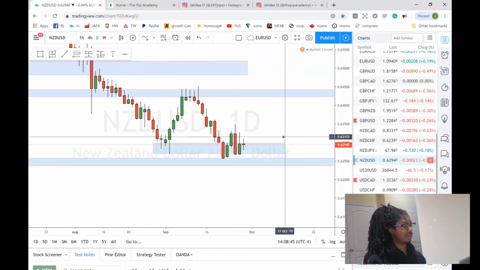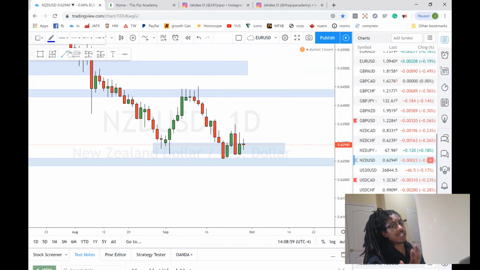We have to stay updated because price is at a very tough spot, just like the pound was when it was at that weekly resistance. It's just a fragile place, and the market may consolidate there for weeks, may consolidate there for a day, who knows. So you've got to be there to see how the market updates.